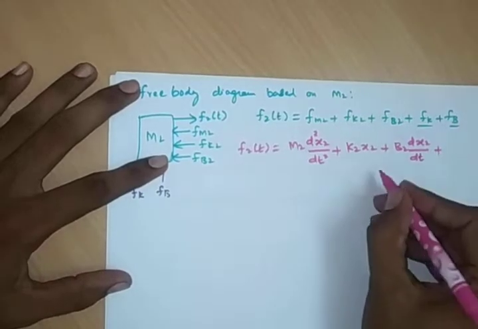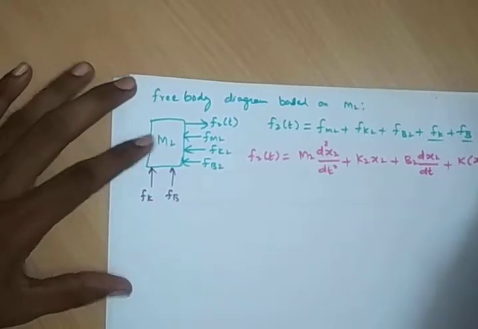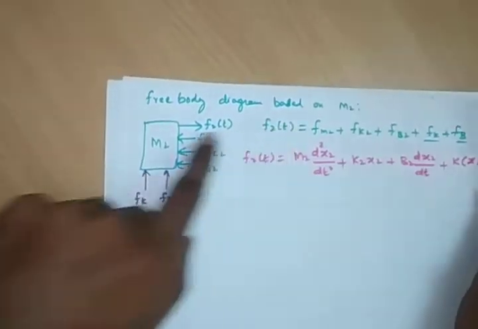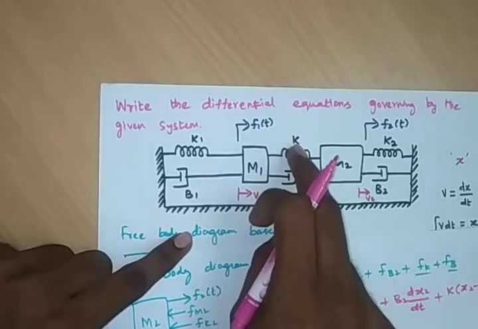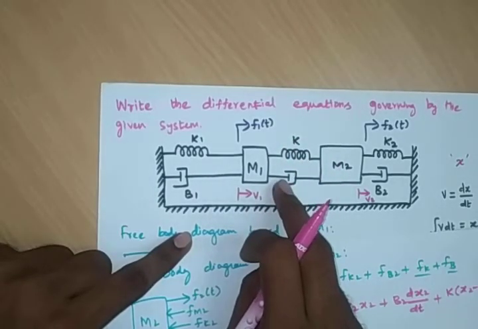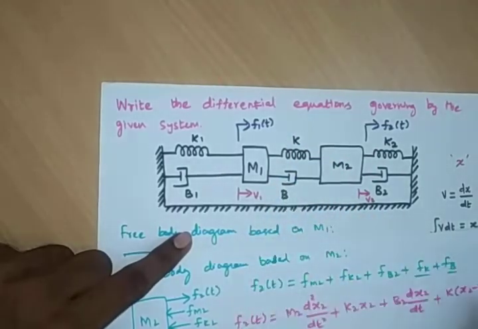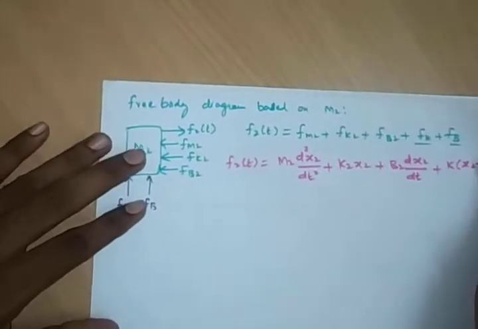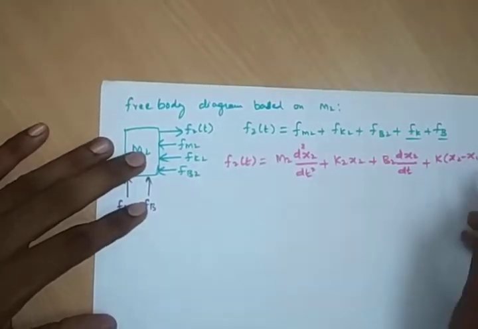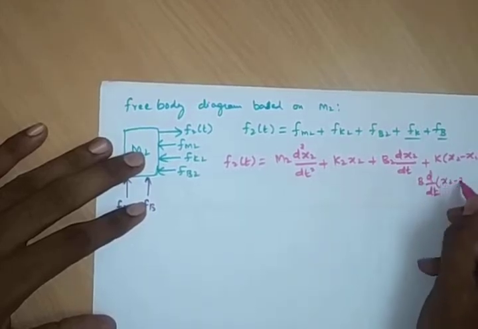So plus fk, which means k into x2 minus x1, because this is the free body diagram based on mass 2. So with respect to mass 2 I am writing the equation. While writing the opposing force equation for this spring and dashpot, we need to give importance to this side displacement. x2 only we need to prefer. So x2 minus x1 plus b into d by dt of x2 minus x1.